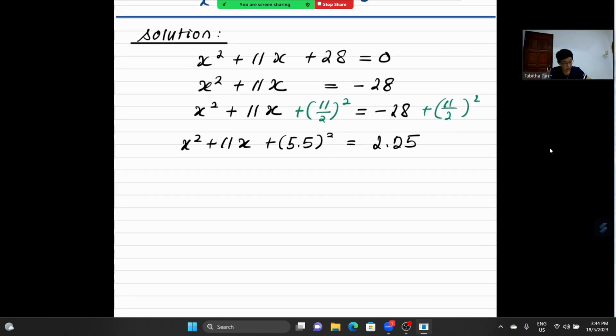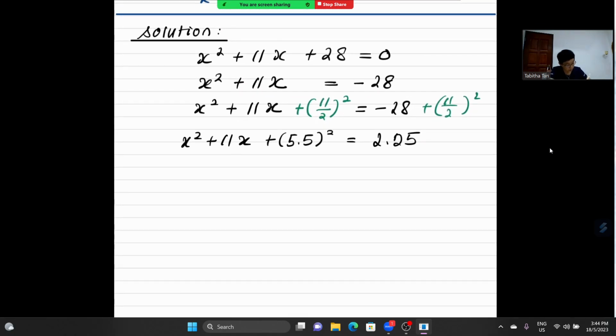As we have learned on reversing the squaring binomial, you're going to get this whole thing into a squaring binomial. So you get the x, and then you get the 5.5.